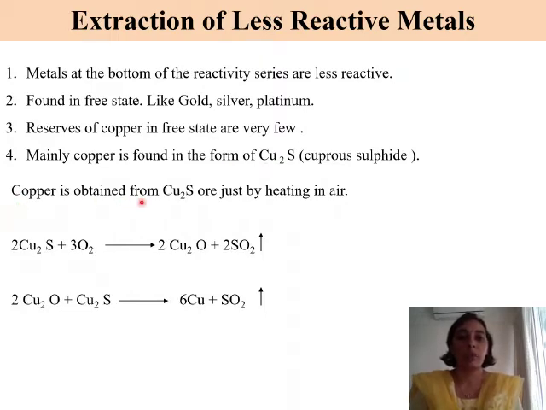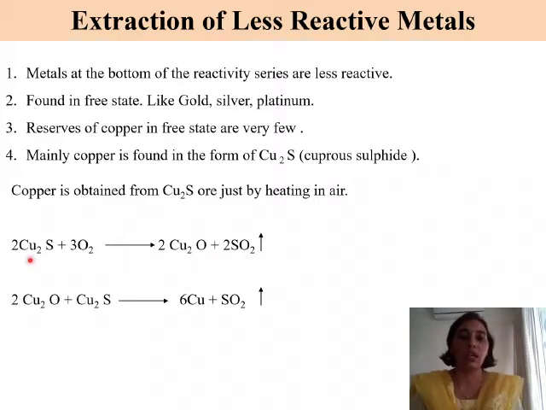So copper is obtained from cuprous sulfide ore just by heating in air. So what are the reactions? Cuprous sulfide is heated, so it combines with oxygen and gives rise to cuprous oxide, that is Cu2O, along with the release of sulfur dioxide gas.